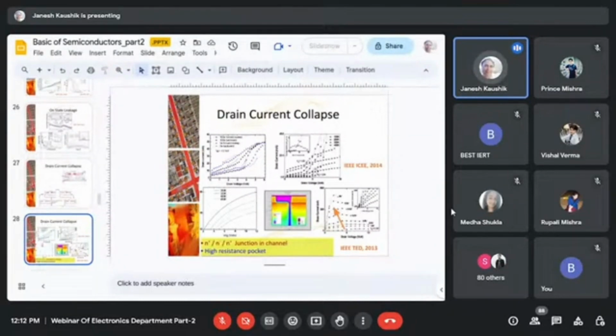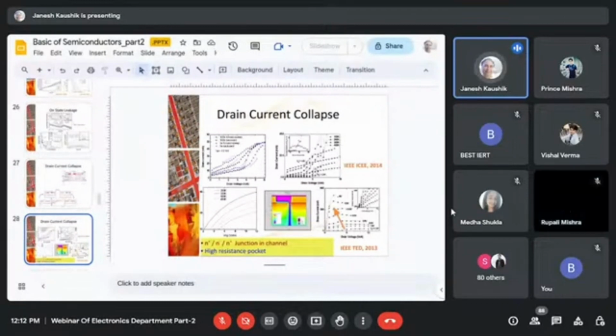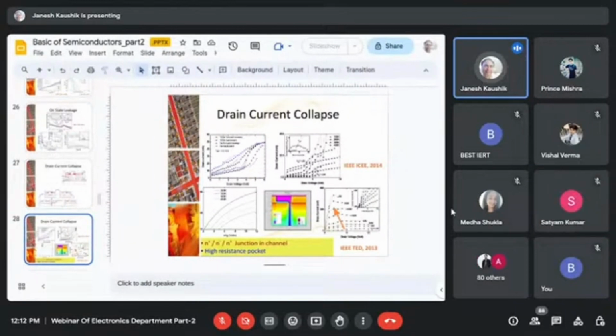Try to imagine the picture in the channel. There is an N plus, N minus, N plus junction. N plus is because this is a 2DEG gas, a very high concentration, and the depleted region under the virtual gate forms the N minus region. So this is a diode, and this is a high-resistance pocket, and the breakdown of this diode gives this current recovery, and we get this particular phenomenon of the kink.